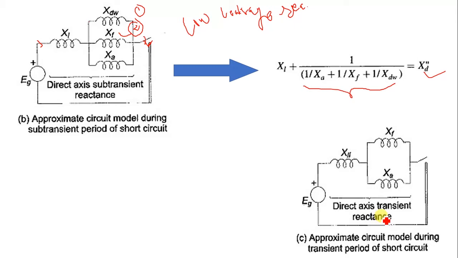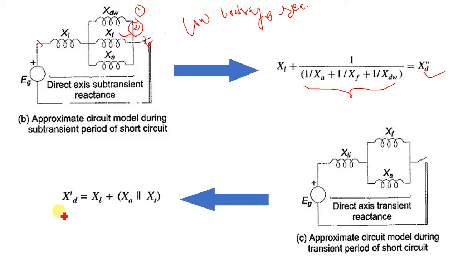Okay, now of course the reactance under the steady state condition. Before going to the steady state condition, the reactance of the circuit can be given by XD dash, that is your transient reactance. So we have to find the parallel of XF and XA, and we have to add XL, that will be your XD dash, the transient reactance of the machine.